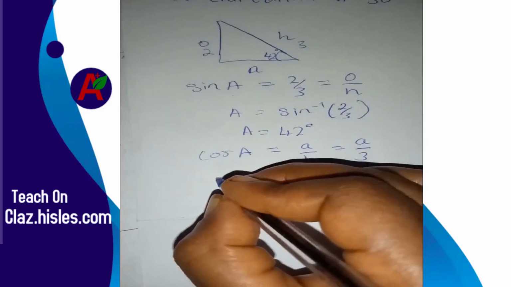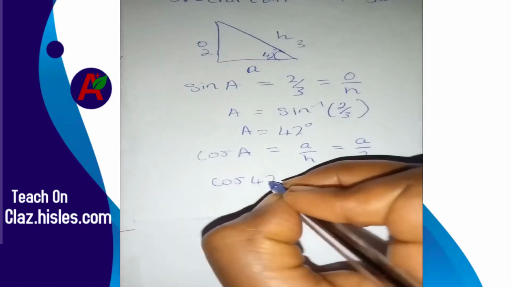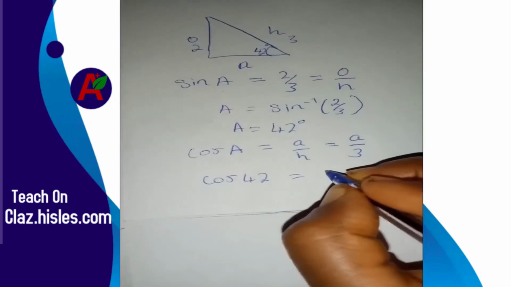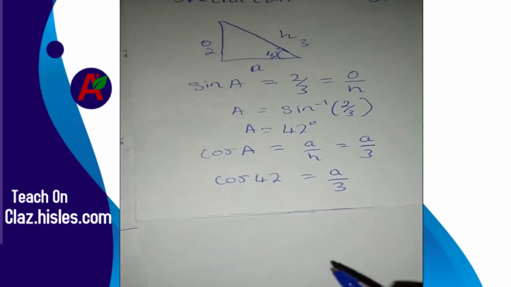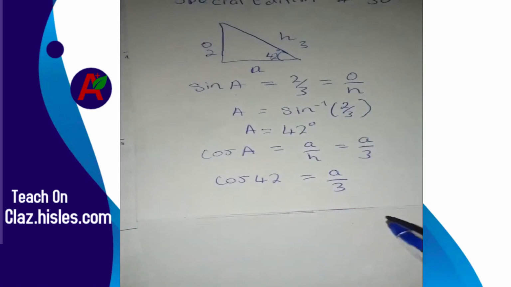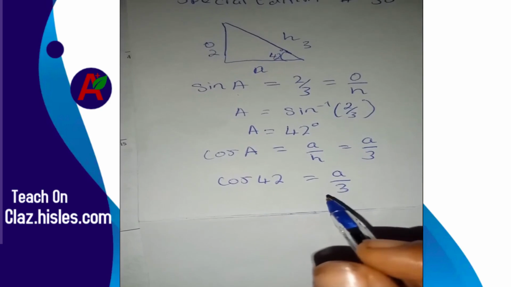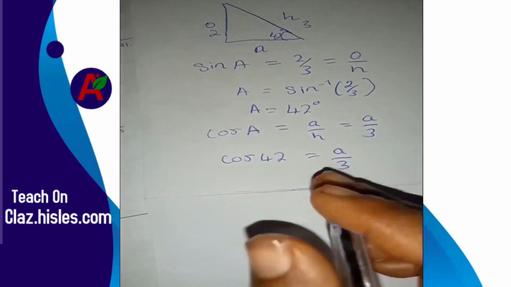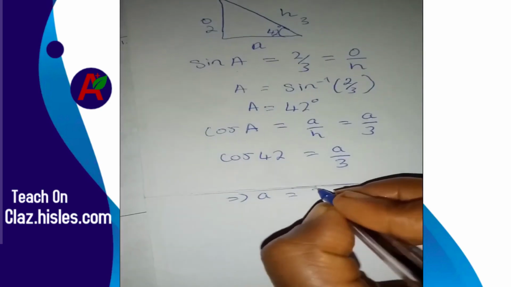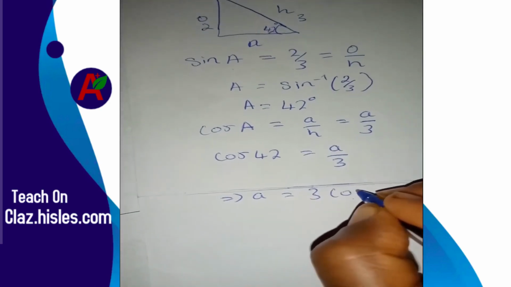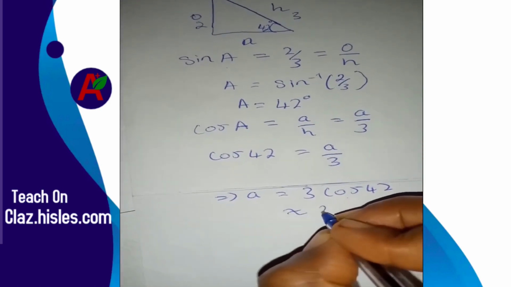So do we have the angle A? A is 42. The cosine of 42 is given by adjacent over hypotenuse, so we have to look for the adjacent. With adjacent as the subject of the formula, we have 3 times cos 42, which gives approximately 2.